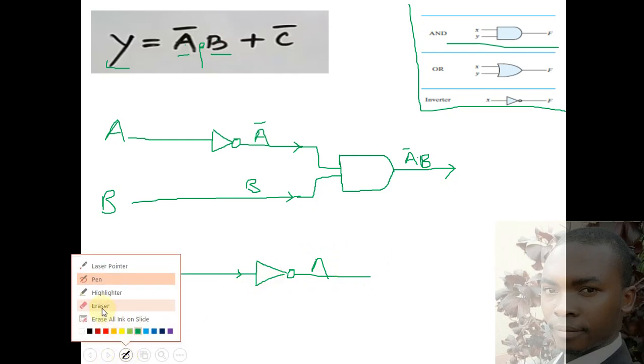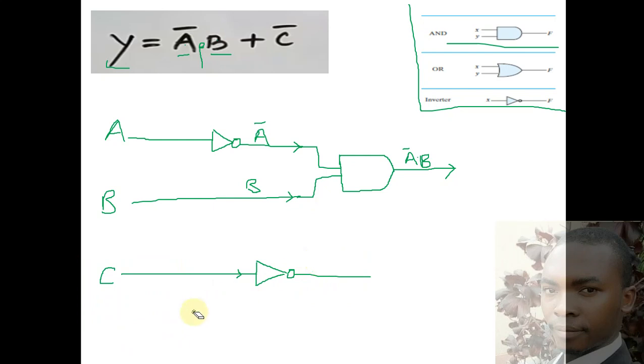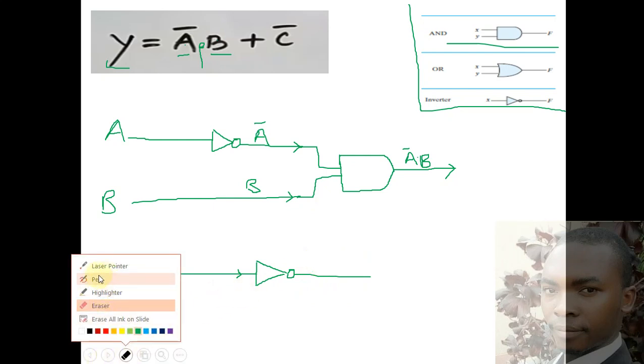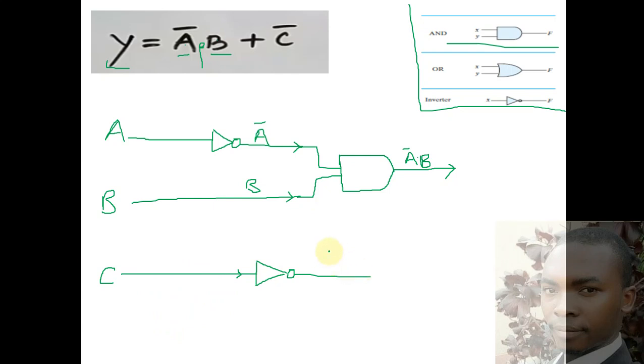Also remove this. So what I have here is C with a negation, and then you're seeing that I get the whole of this, this line here.